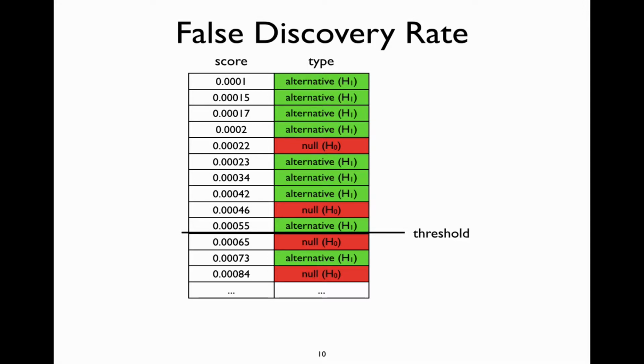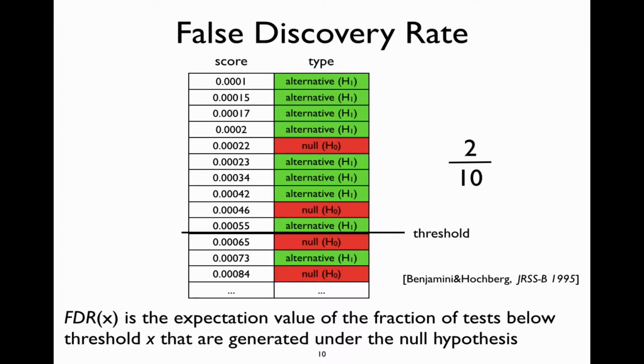That is the expected value of the fraction of tests above this particular threshold that are generated on a null hypothesis. That is to say, how many of those hypotheses above this would we expect to be generated on a null hypothesis just by chance.